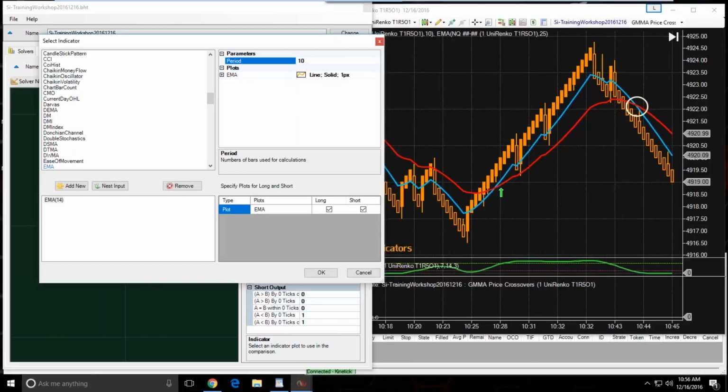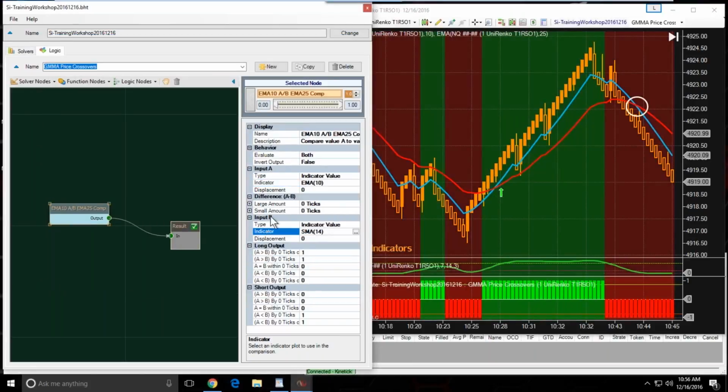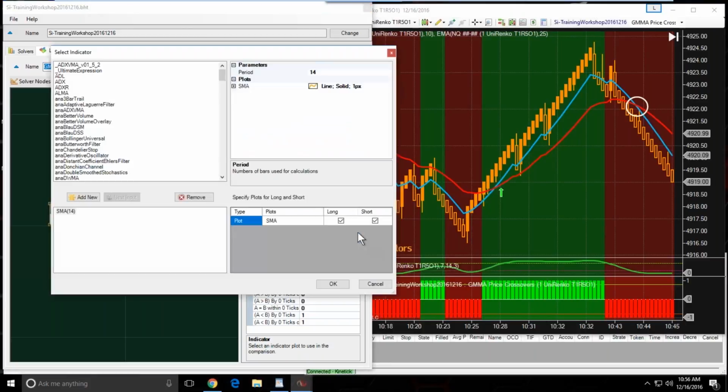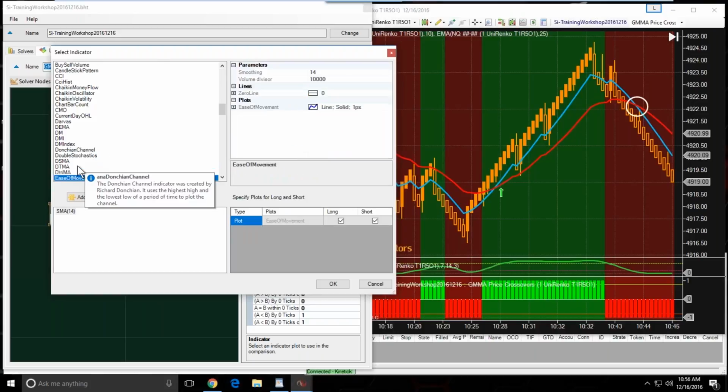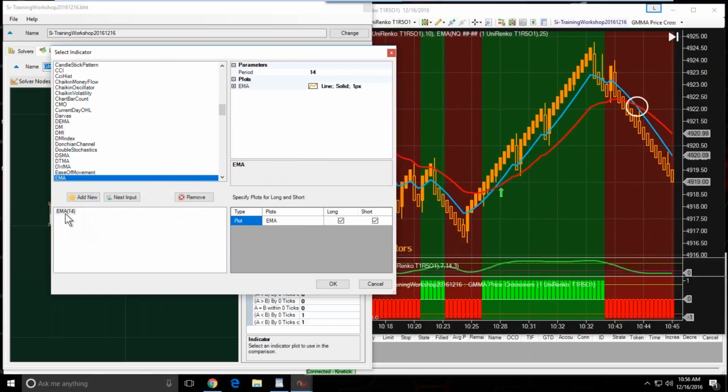Let's change our period to 10. Then down here for input B, we're going to do the same thing. Put the EMA in there, and change the 14 period to 25.